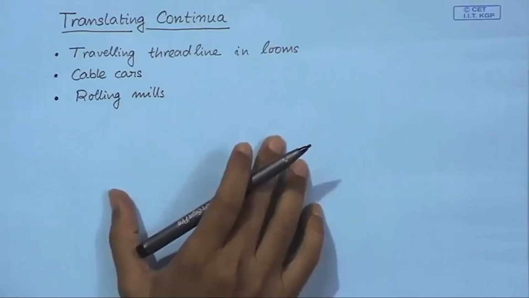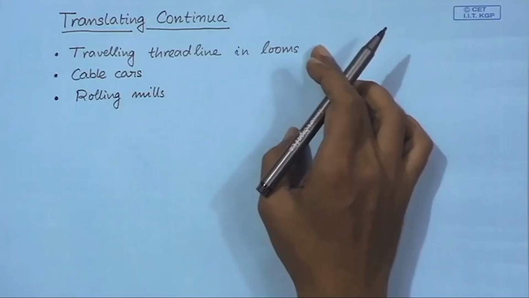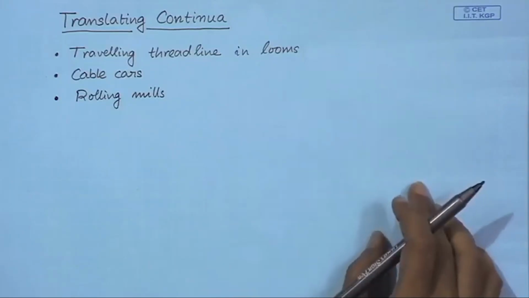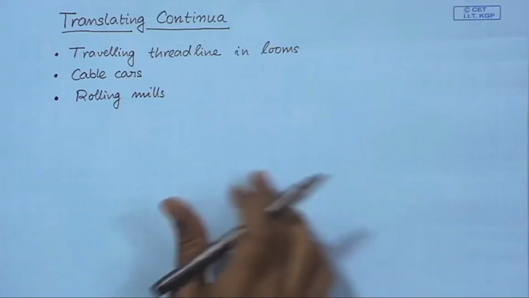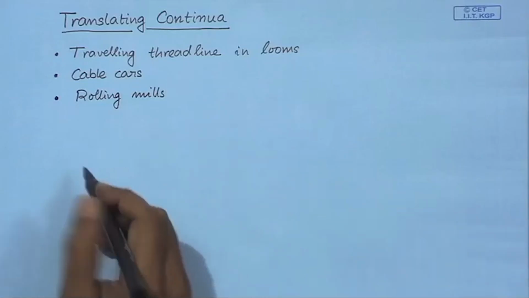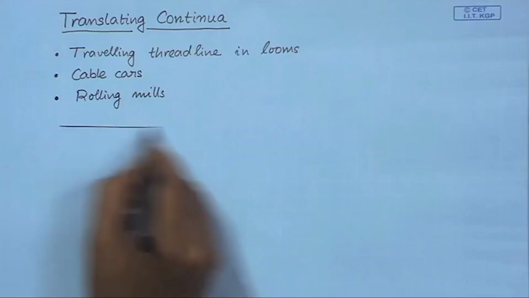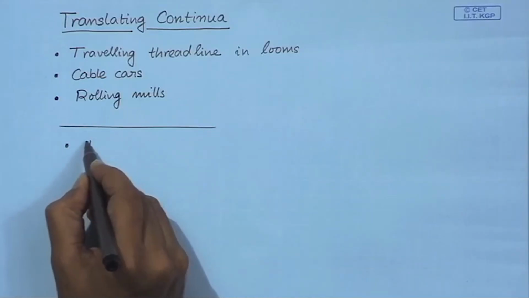Now, these are a variety of situations where we find translating continua, but we are going to look at a very simple situation. We are going to look at a travelling string.